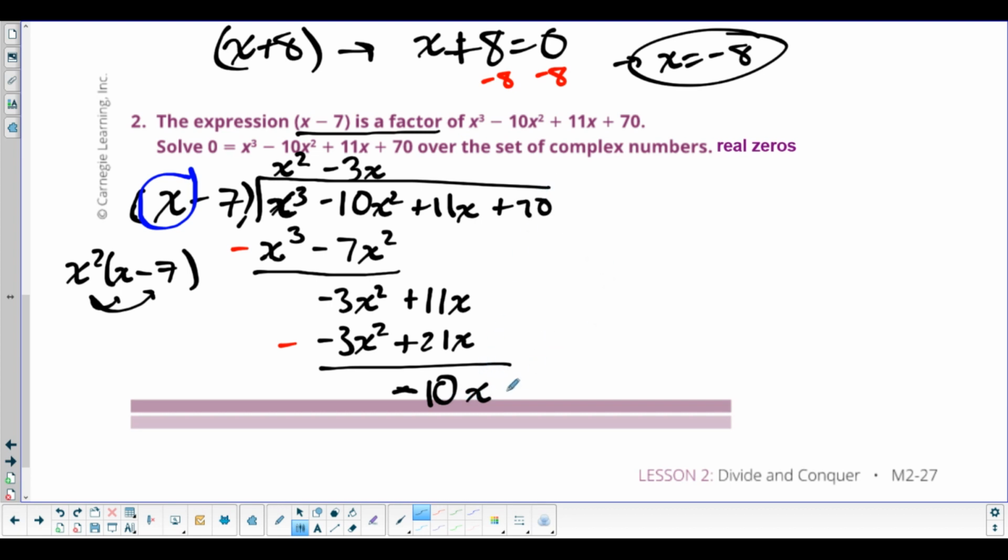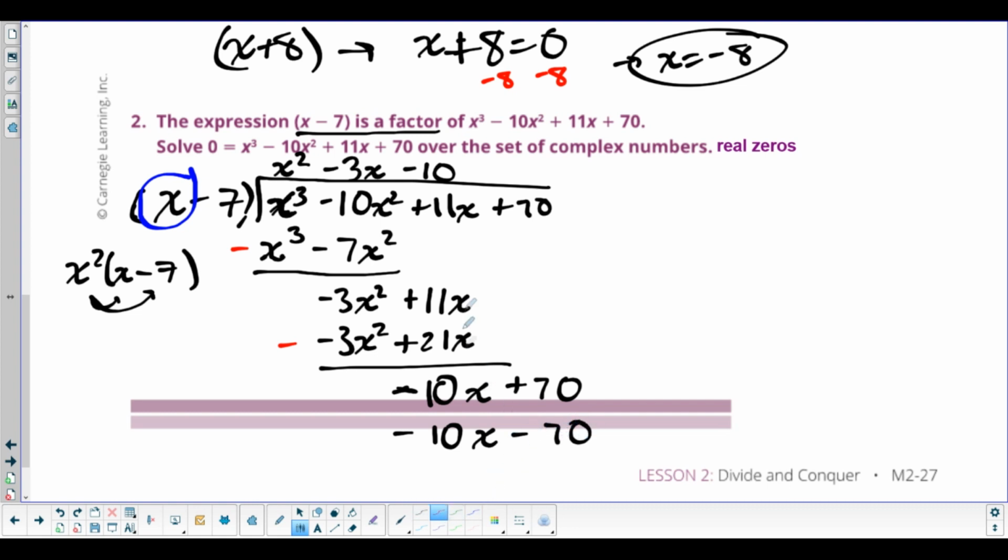So then last but not least, you drop down this 70. And I can already see we're looking really good, because how many times can my x, my guiding light, go into this -10x? Well, -10 times. And what happens then is I take this -10, I multiply it times my divisor, and I get -10x minus 70.